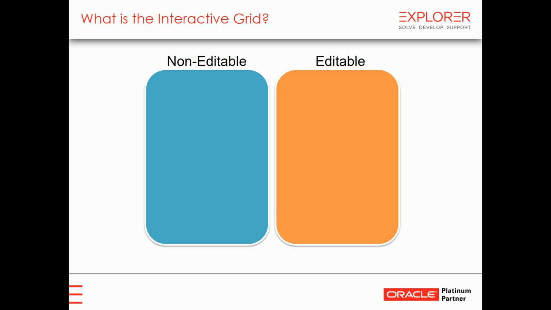Depends on your query, but it should be a case of just sliding the editable from no to yes to make your non-editable interactive grid now an editable one. So what this means is your interactive grid in non-editable mode will show a report of data. Now this is very similar to an interactive report, and we'll go into the similarities and differences a bit later on.